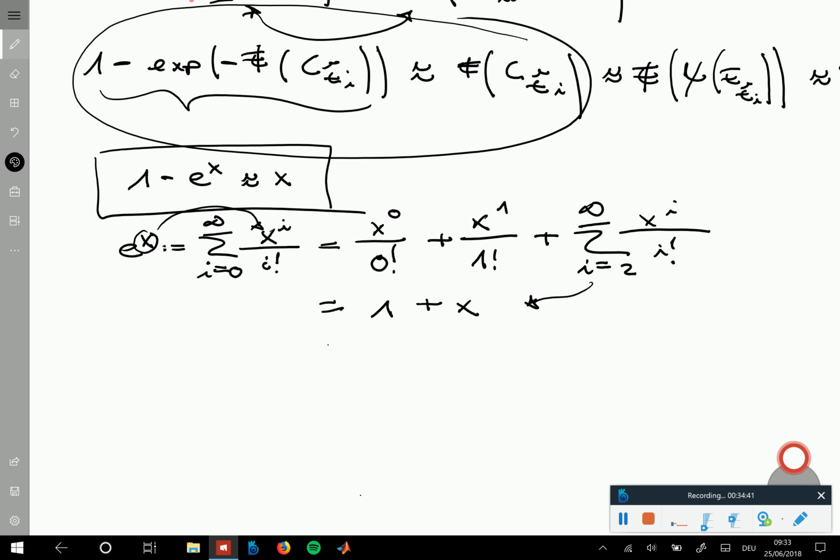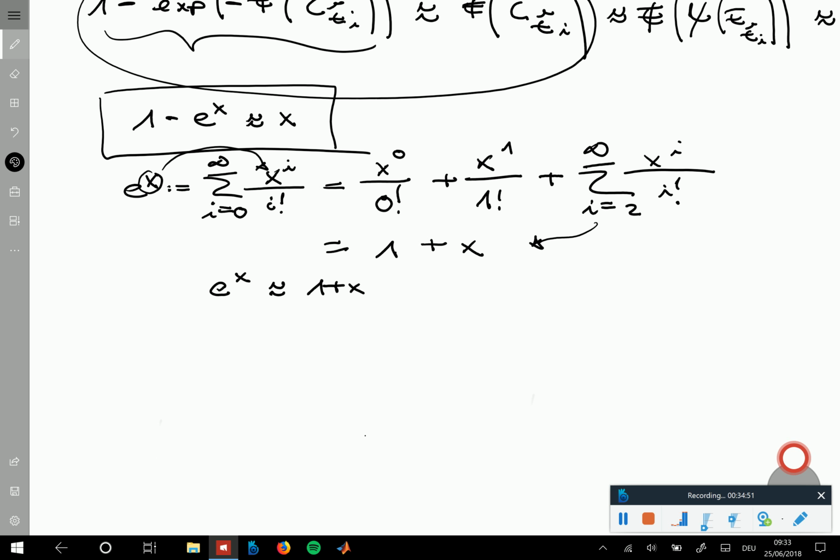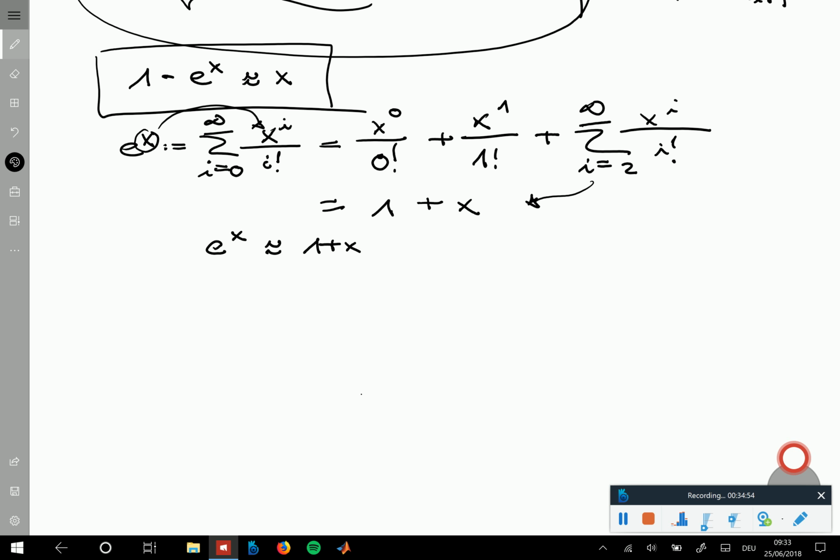So this then says that e to the x is approximately 1 plus x. And then you can do the same thing as you do with equations. You get the x on one side and the e to the x on the other side, and then you replace x by minus x.